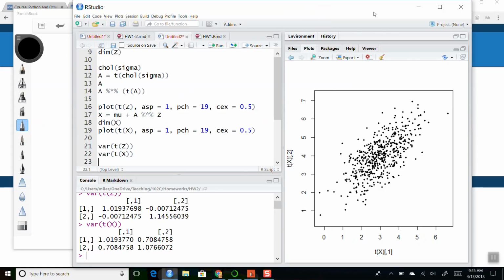Any other questions on this topic? Okay. You should be able to do a Cholesky decomposition by hand for a covariance matrix. I mean, we did the algebra here, so it shouldn't be too terrible.